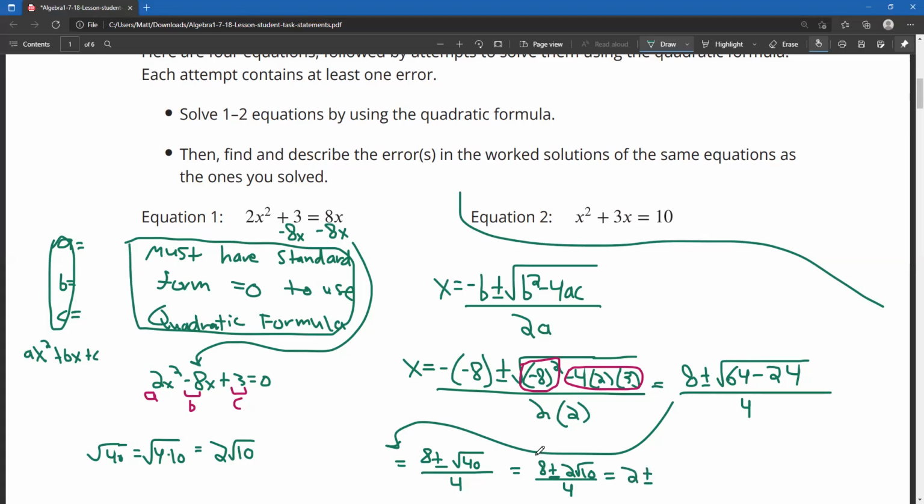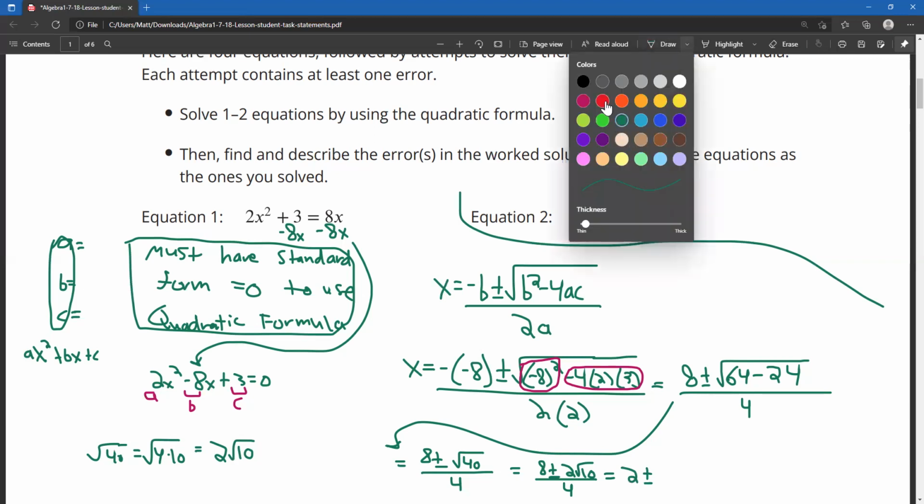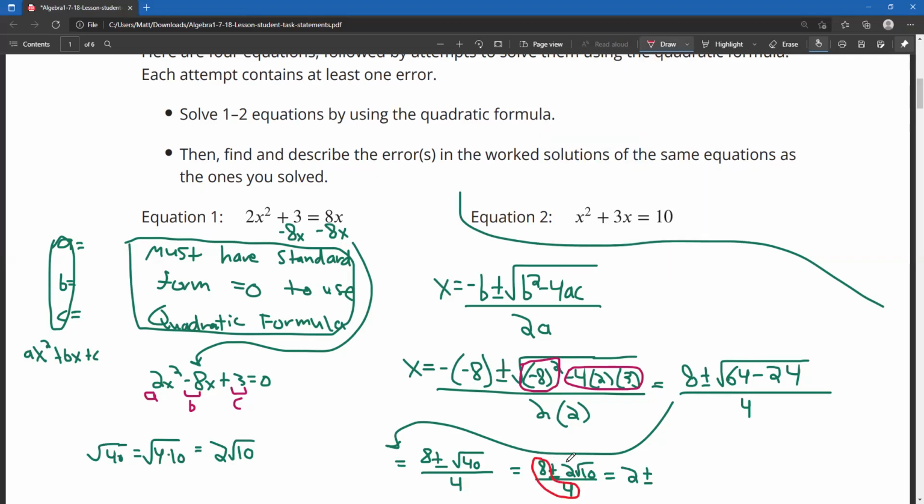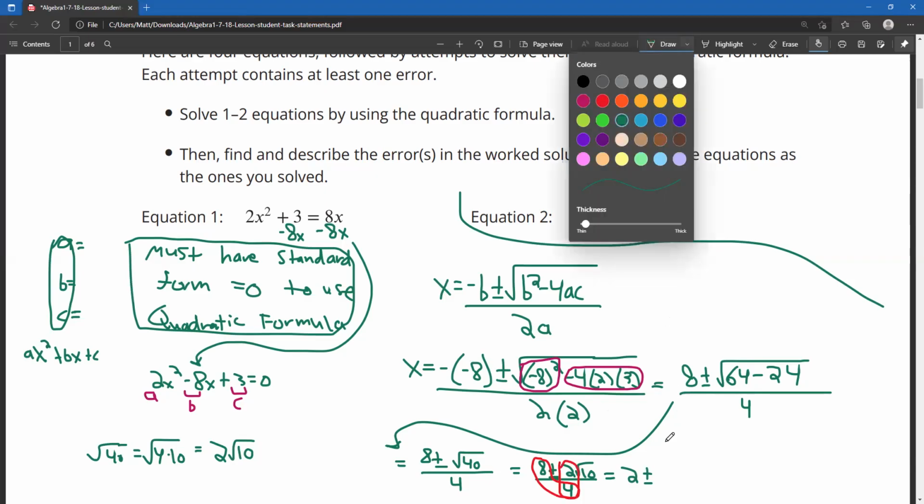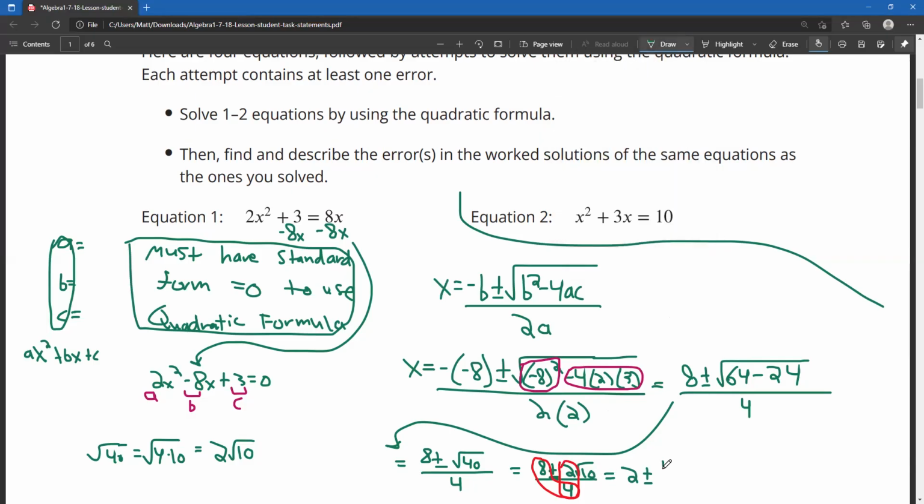Because we have addition and subtraction in the numerator, you can simplify this and then this. So that's what I'm doing here. 8 over 4 is 2. 2 over 4 is 1/2. So 1/2 root 10. Because the plus or minus is there, it's ambiguous.